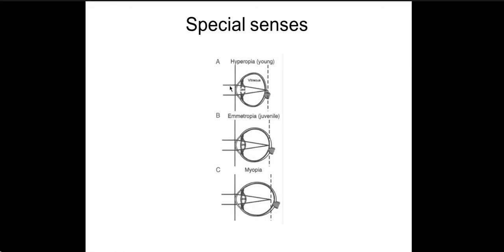Hypermetropia means the object is focused behind the retina. Why? Because antero-posteriorly the eyeball becomes shortened. In the other case it becomes elongated. Here you see the parallel rays are focusing in front, and the retina is away from where it is focused, and that is why it is called myopia.